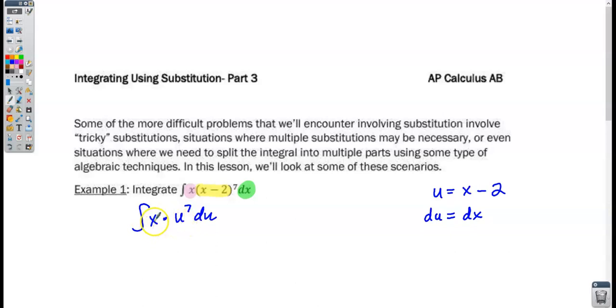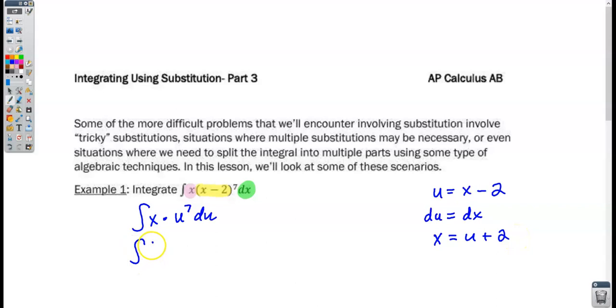So I've got to replace this x with an expression of u that it is equivalent to. This is not as hard as it might seem. We almost have the substitution staring us in the face. I'm going to take this expression and add 2 to both sides. And that tells me that x is equal to u plus 2.